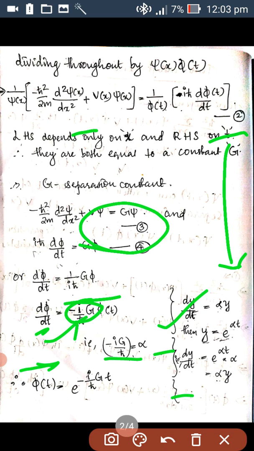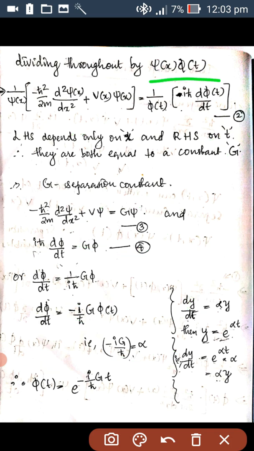Dividing this equation through by ψ(x) and φ(t), we will get 1 by ψ(x) into minus ħ² by 2m d²ψ(x)/dx² plus V(x) ψ(x) equal to 1 by φ into iħ dφ/dt, that is equation number 2.